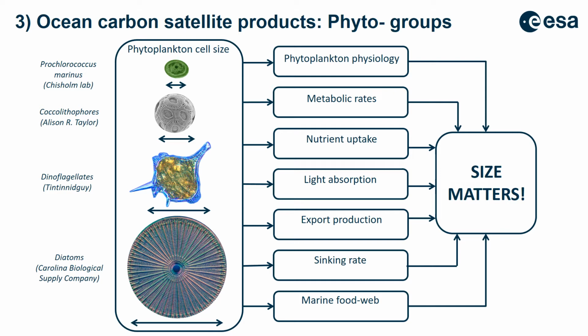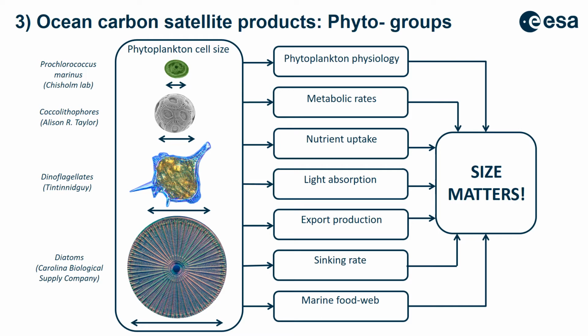Now, the size of the cell influences the phytoplankton physiology. It influences their metabolic rates, how much nutrients they can take up. Small cells have a higher surface to volume ratio, so are capable of absorbing nutrients in very oligotrophic, so low nutrient concentrations, giving them a competitive advantage. Small cells are also found to absorb light with higher efficiency.